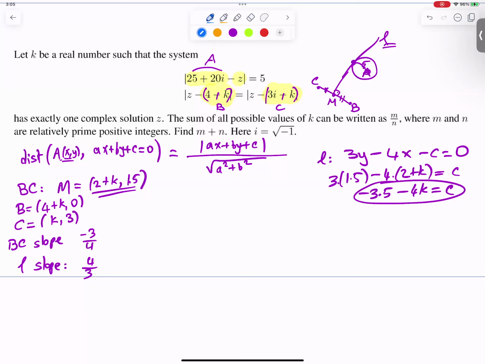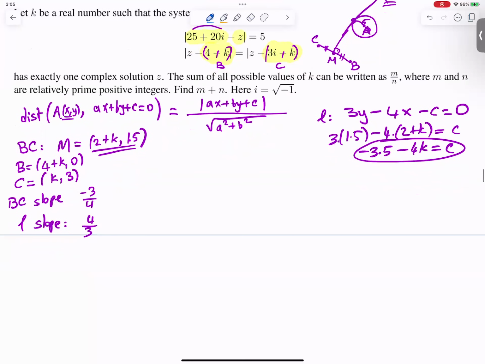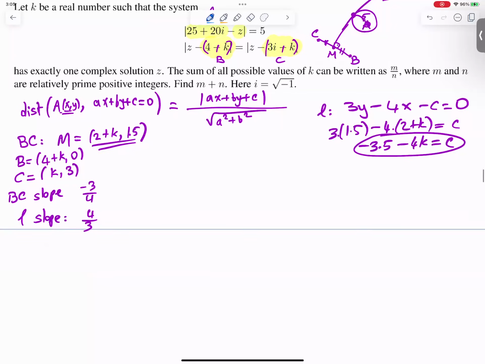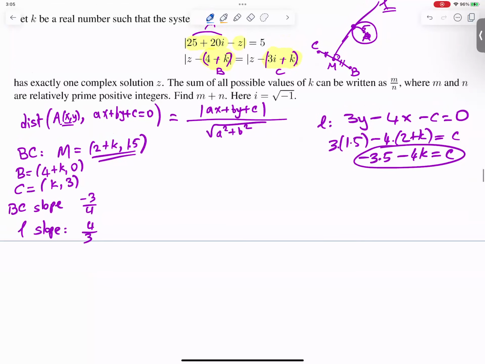Now we can use the distance formula, and I want to keep things in terms of c here for simplicity.